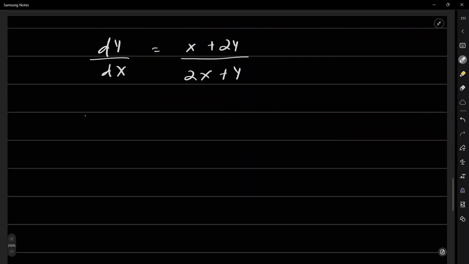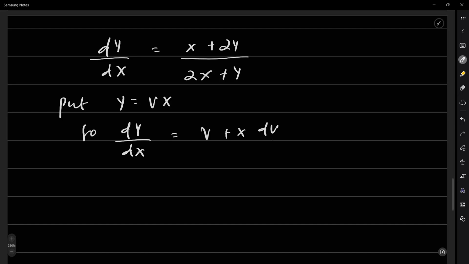Okay, now put another substitution, y equals vx. So dy by dx is equal to v plus x dv by dx. This is the chain rule of differentiation. So dy by dx can be substituted as this.